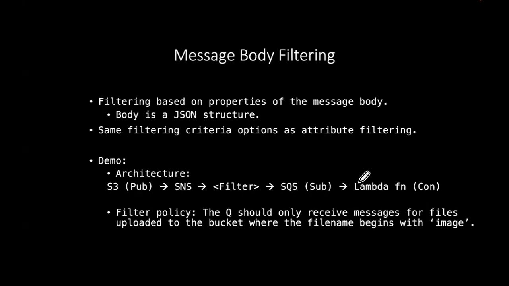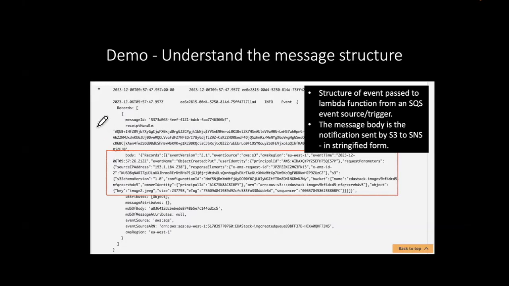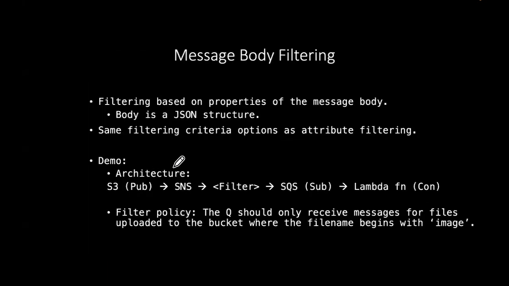So the console log is coming from this Lambda here, but what we're console logging are the messages that we receive from SQS, which, as we know, is a batch of SQS messages. But it's really the body within each of those messages that we're interested in when defining this filter, because that body is what is actually being received by SNS. The filter is based on the message that SNS receives.